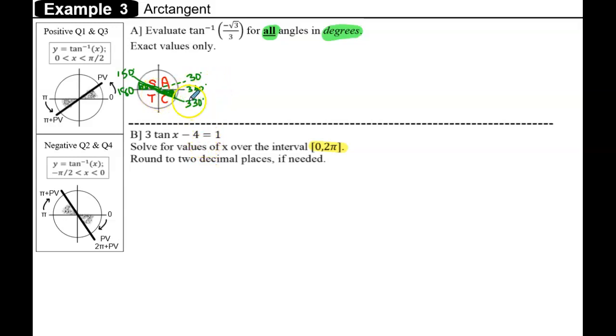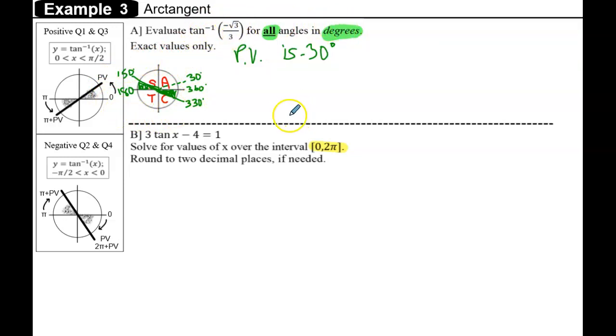Now, the principal value is a quadrant 4 angle, but the principal value is negative in quadrant 4 because our interval, remember, is going from negative pi over 2 to positive pi over 2. So the principal value is negative 30 degrees.